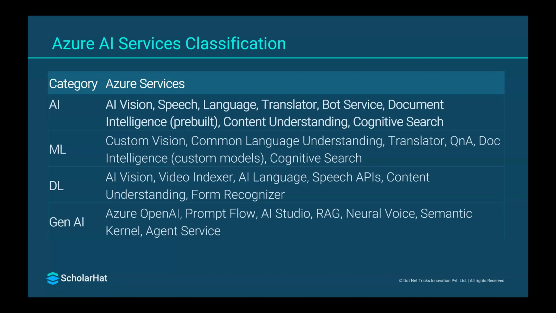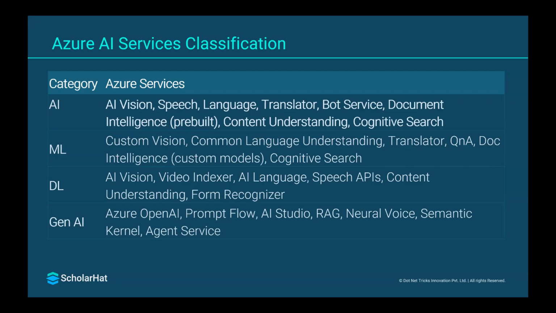In Microsoft Azure Cloud we have so many AI services. Under the category of AI, we have AI Vision, Speech, Language, Translator, Bot Service, Document Intelligence with pre-built models, Content Understanding, and Cognitive Search.